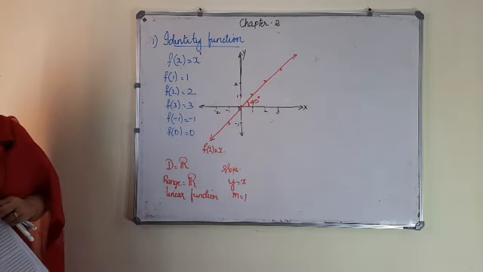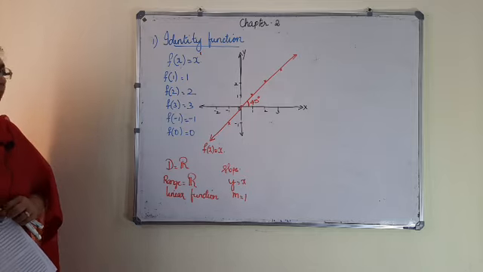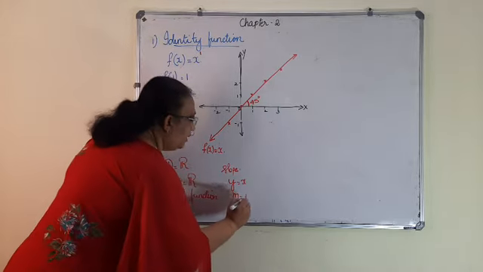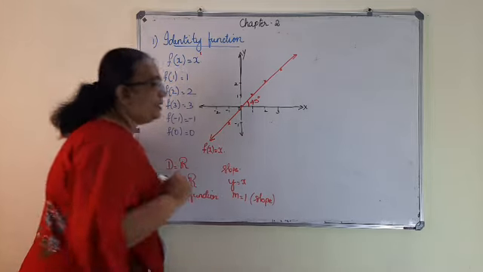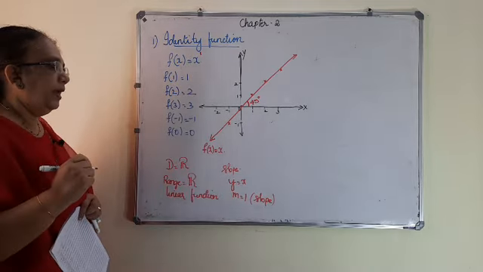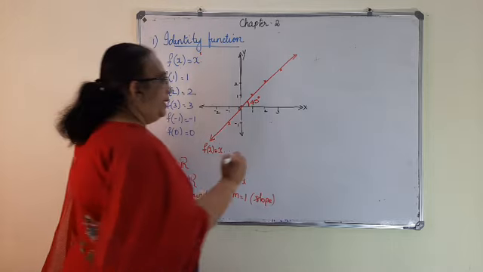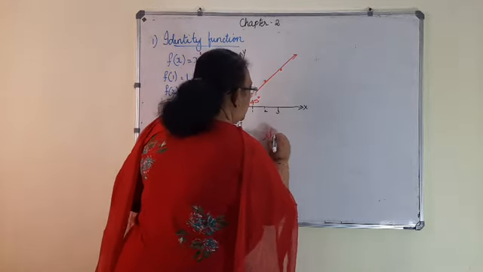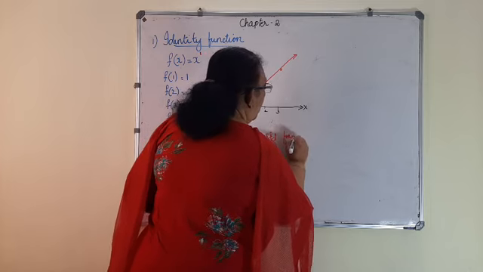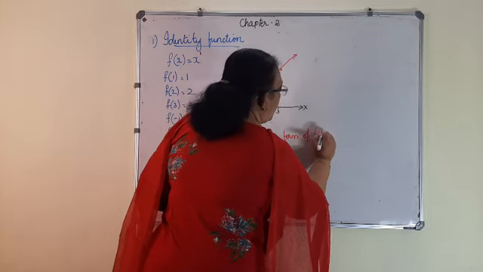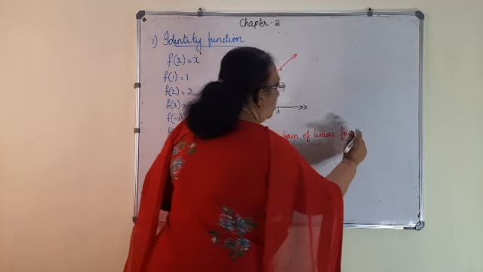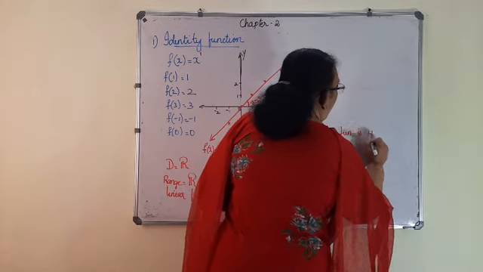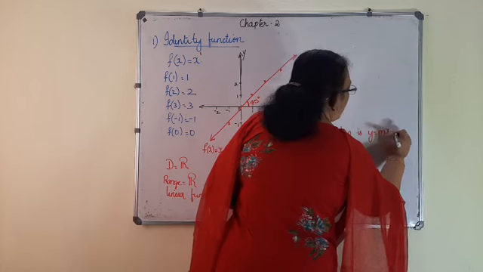Slope is denoted by the letter m. The standard form of a linear function is y is equal to mx plus c.